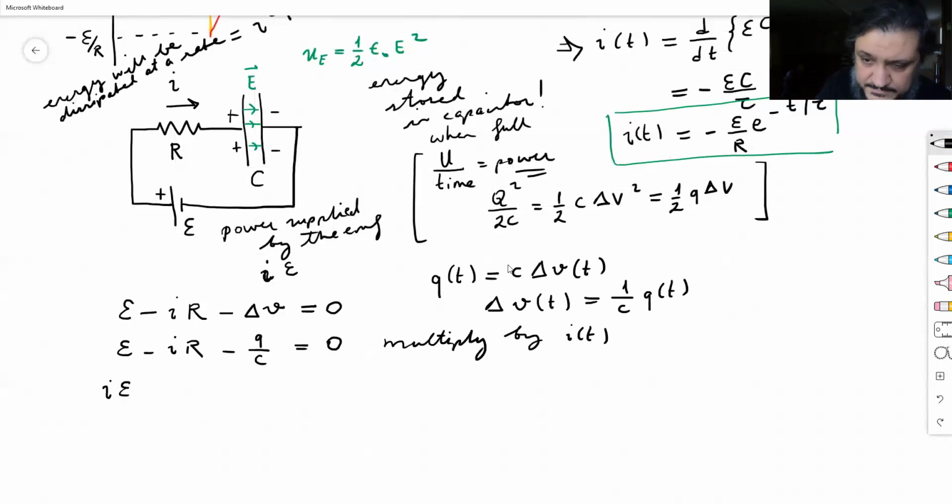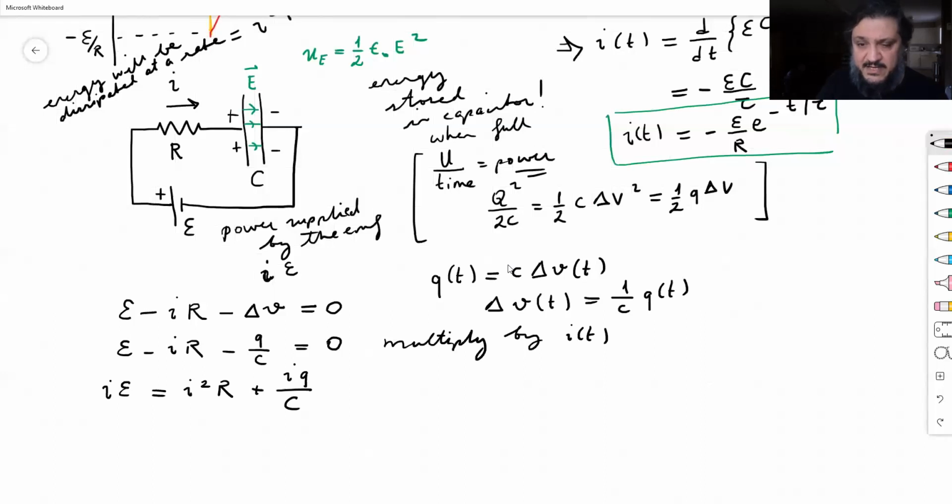So you will get IE, and then move these terms to the other side: I squared R plus IQ over C. This is not the energy, but the power, of course.